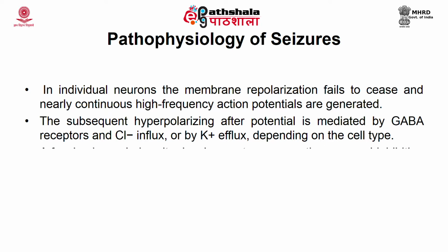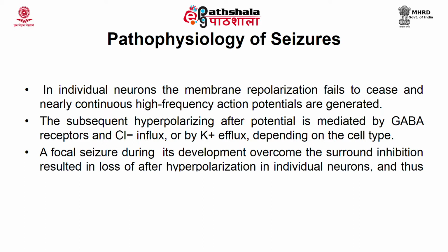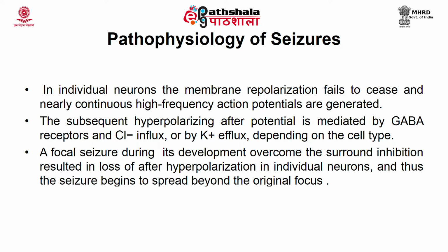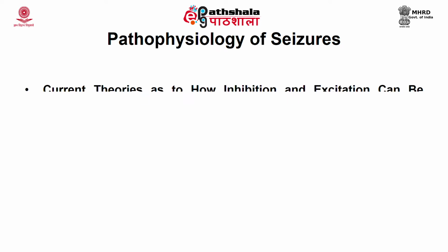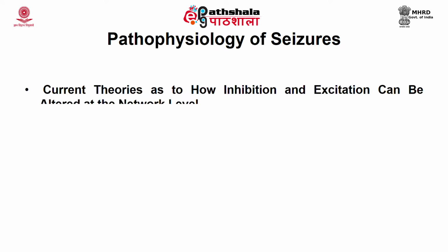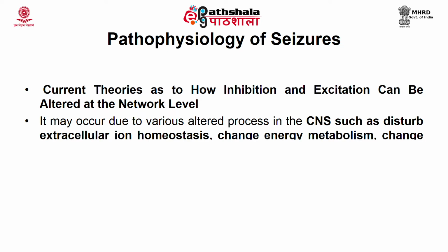The focal seizures during their development overcome the surrounding inhibition, resulting in loss of afterhyperpolarization in individual neurons, and thus the seizure begins to spread beyond the origin of focus. So, the current theories which explain how inhibition and excitation can be altered at the network level explain that there could be a disturbed extracellular ion homeostasis, which is responsible for the change in energy metabolism.